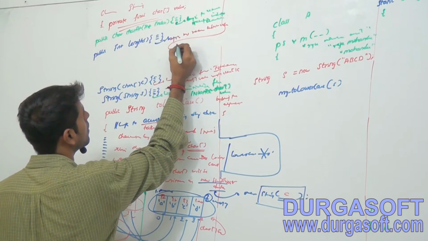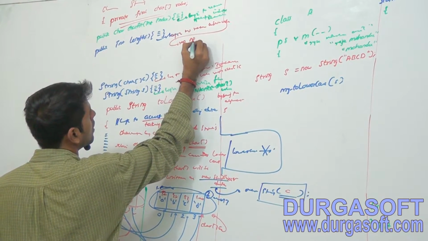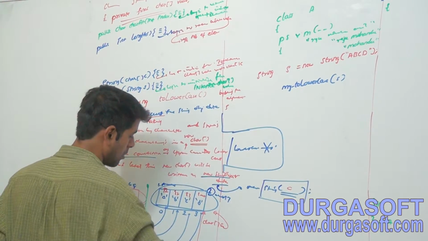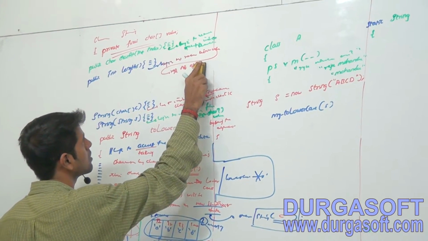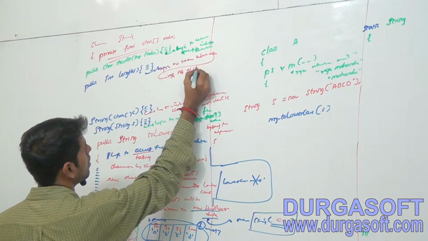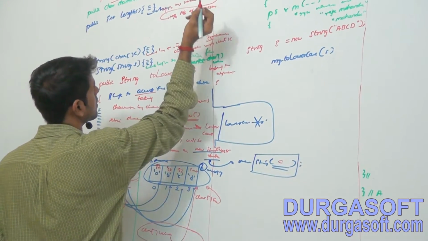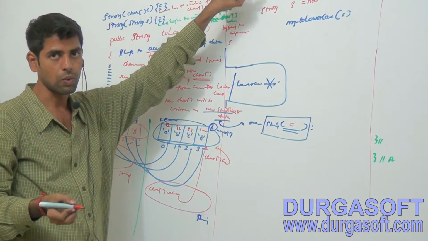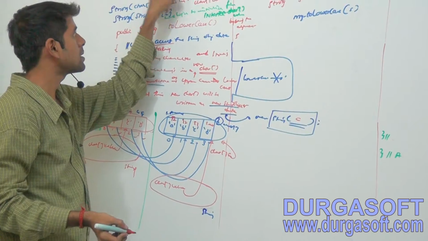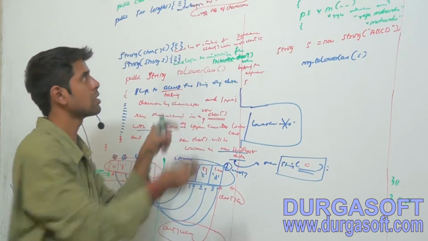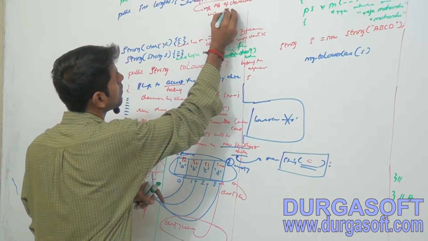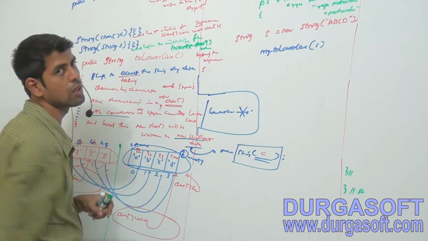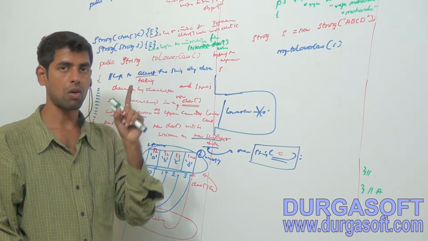This int value represents the number of elements, that is the number of characters within the string object.